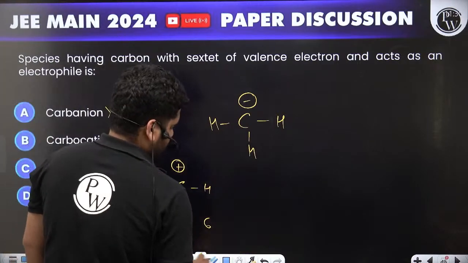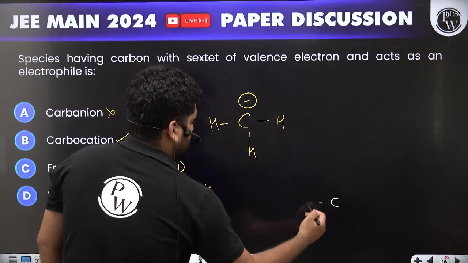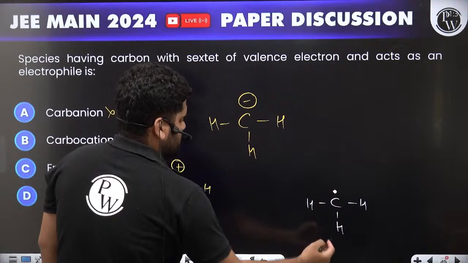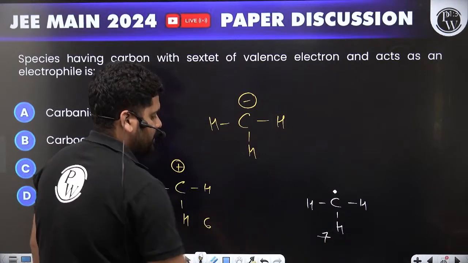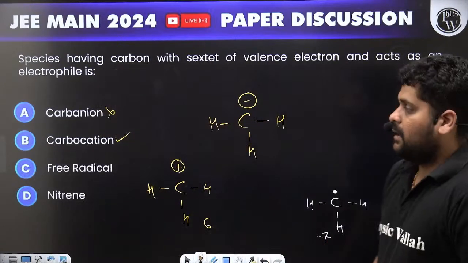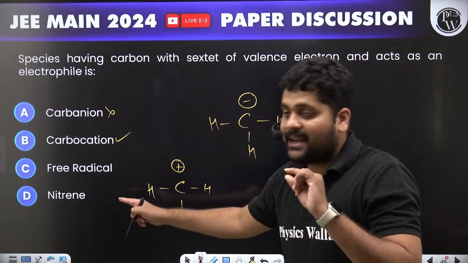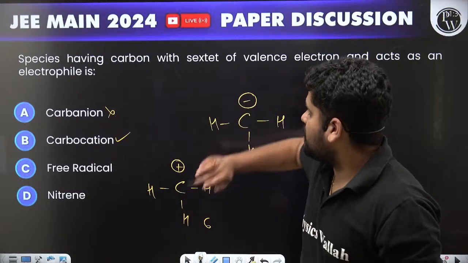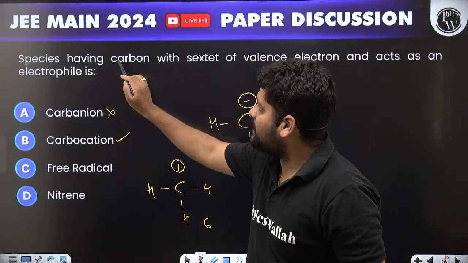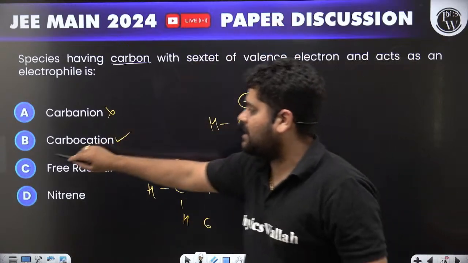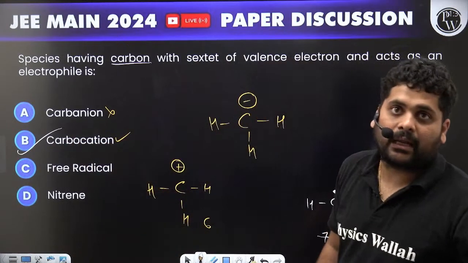Free radical, if you consider, we have CH3 and an electron, so the number of electrons is 7 over here. Okay, now next one. Nitrene has 6 valence electrons on nitrogen, not on carbon. He's asking with respect to carbon. Okay, right? So our correct answer for this question is going to be carbocation.